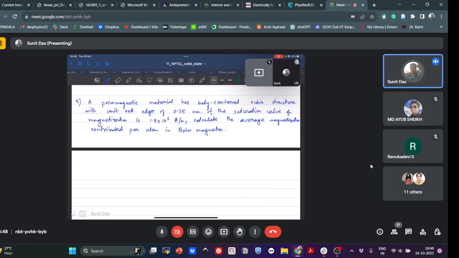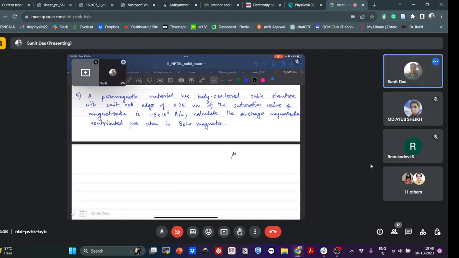If the saturation value of the magnetization is given as 1.8 into 10 to the power 6 ampere per meter, we need to calculate the average magnetization contributed per atom in Bohr magneton. Basically, this time we need to find mu given Ms, the saturation magnetization.